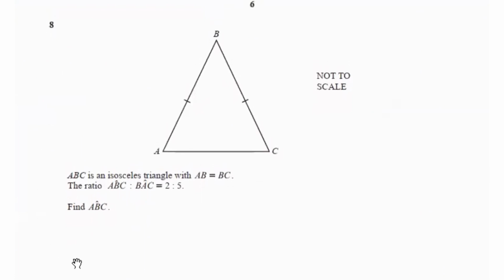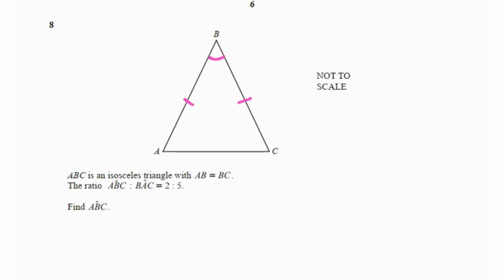Question 8 says ABC is an isosceles triangle with AB equal to BC. So this is equal to this. The ratio of angle ABC to angle BAC is 2:5. Find angle ABC. We have to find this angle. So in an isosceles triangle, two lengths are equal. That means their corresponding angles are also equal.